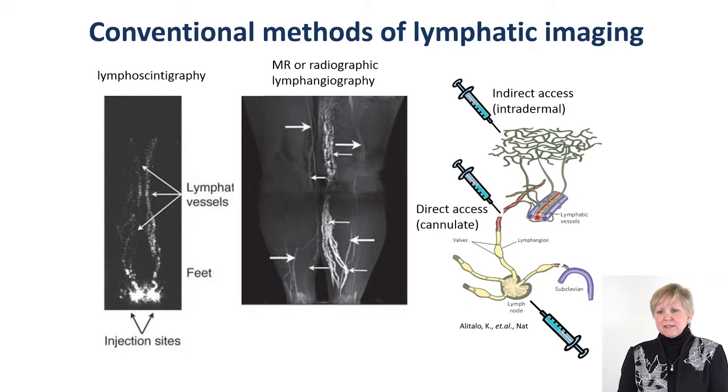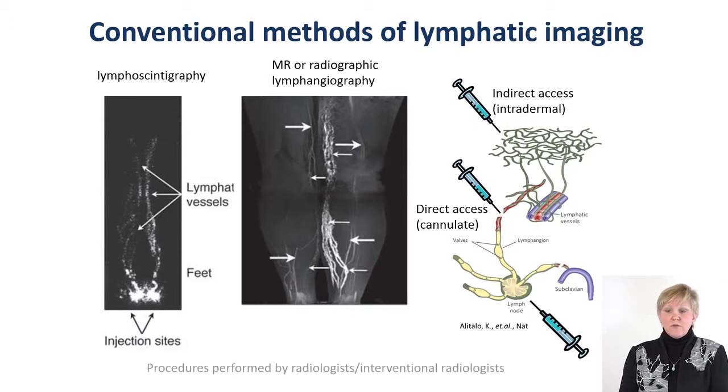An advantage of this contrast agent is that in the instance of a leak, it can plug that leak. The problem is that it's not necessarily a conventional imaging modality for monitoring lymphatics. These are procedures performed by radiologists and interventional radiologists.